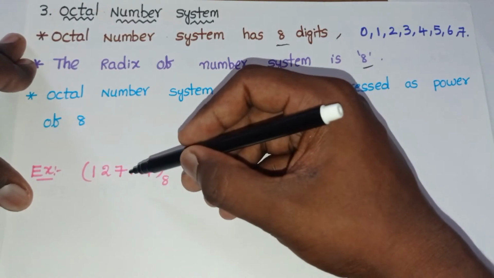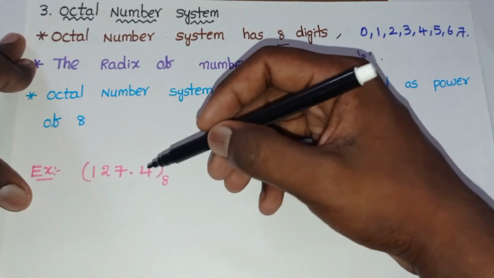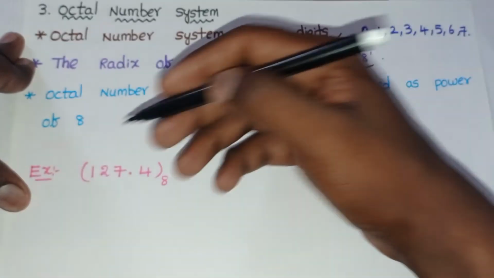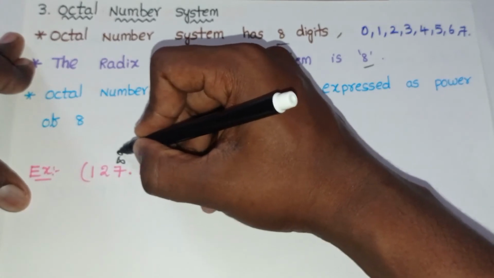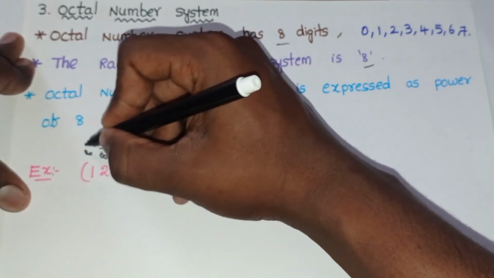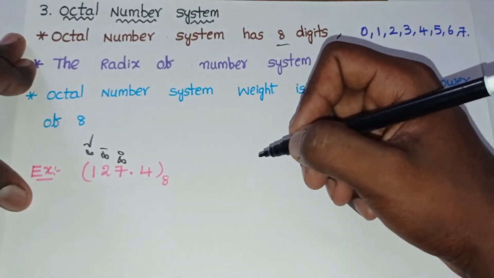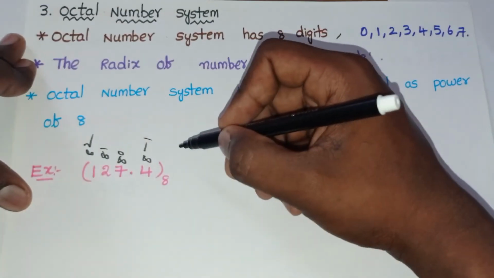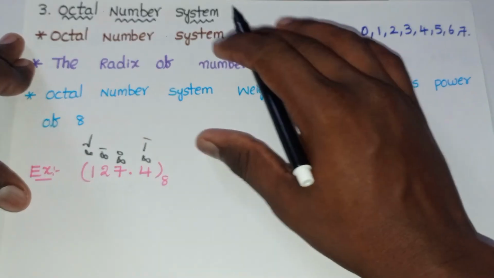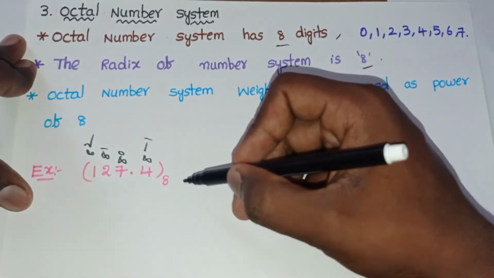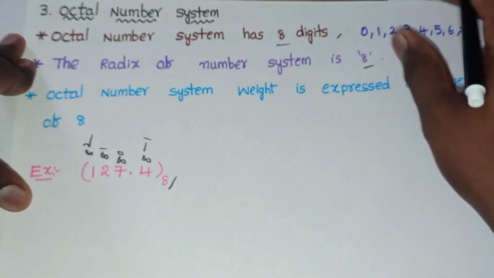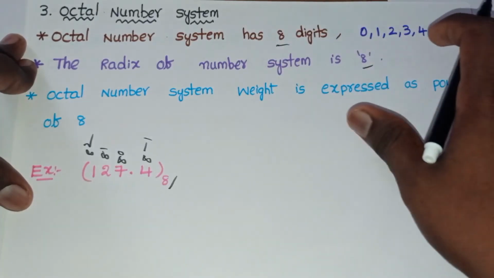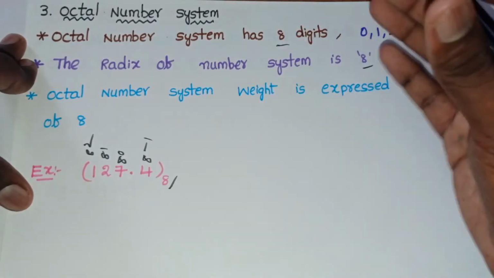Here this is the decimal point, and on the left side of the decimal point we have positive powers of 8, that is 8 power 0, 8 power 1, 8 power 2, and on the right side of the radix point we have negative powers of 8, that is 8 power minus 1. Here it is having radix 8, that's why I write 8 as a suffix here. This is nothing but the octal number system. These are used for some special purposes.